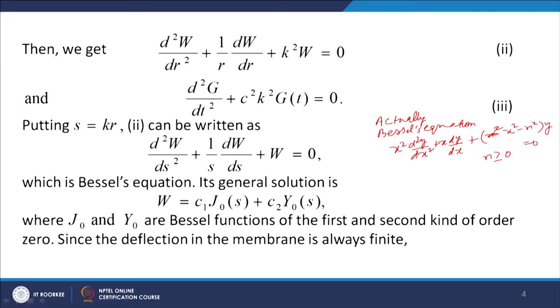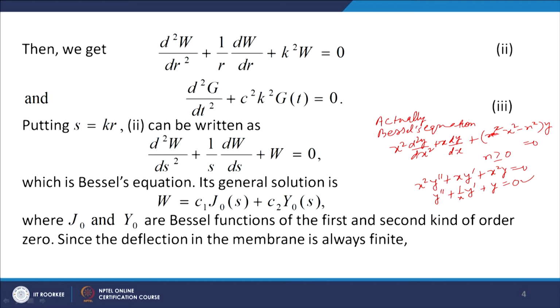If you take n equal to 0, then you get x square y double dash plus x y dash plus x square y equal to 0, or y double dash plus 1 over x y dash plus y equal to 0. So, this equation is of this form where we are taking n equal to 0, and that is why its general solution is W equal to C1 J0(S) plus C2 Y0(S), where J0 and Y0 are Bessel functions of first and second kind of order 0.